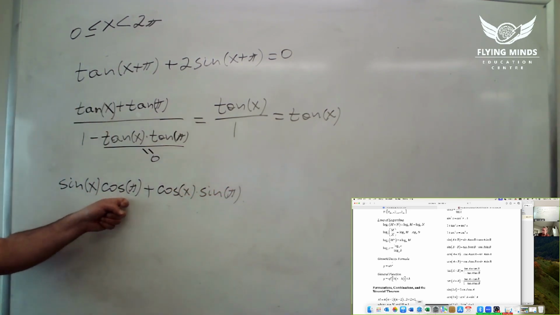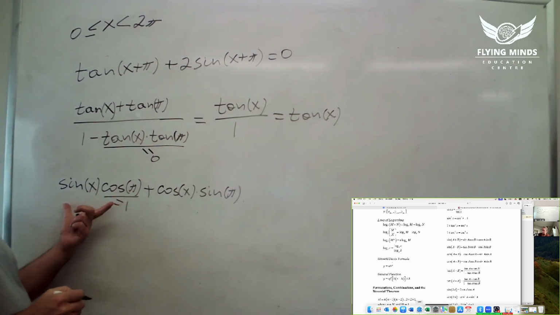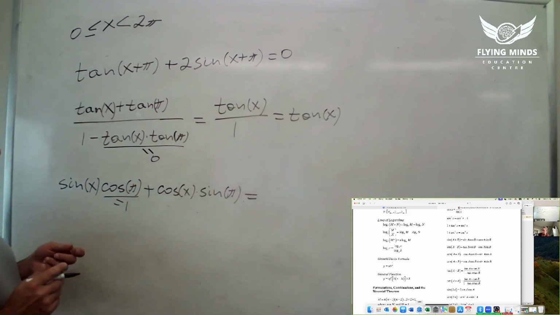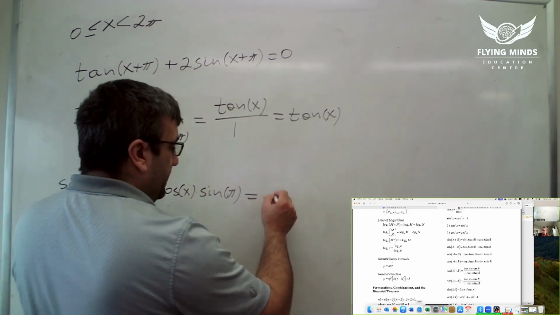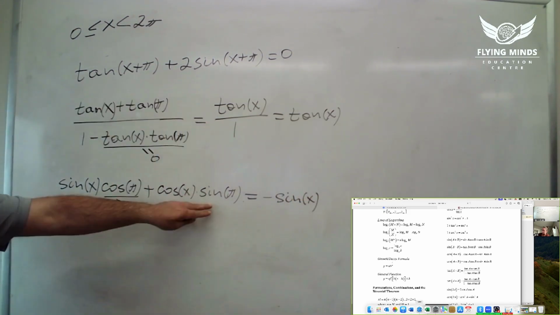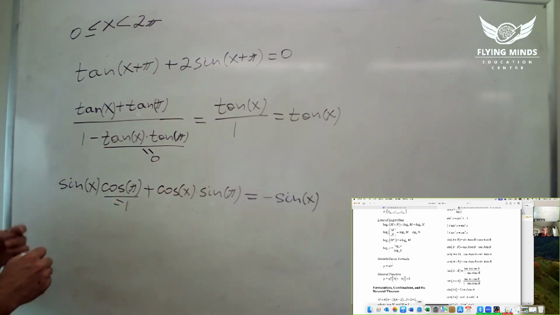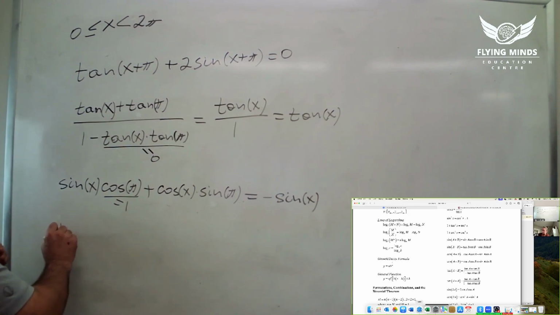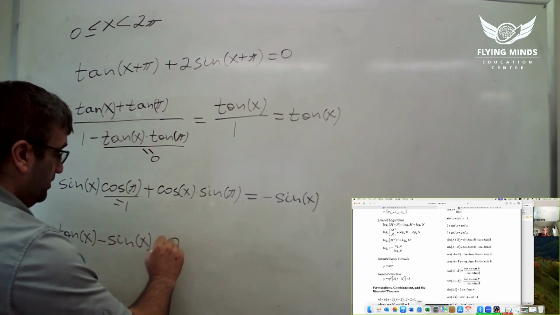Cosine of pi is, isn't it negative 1? Negative 1, that's right. So this will be negative sine x. Sine of pi is 0, so the second term is out. So at the end, we're left with tangent of x minus sine of x. This is much simpler.